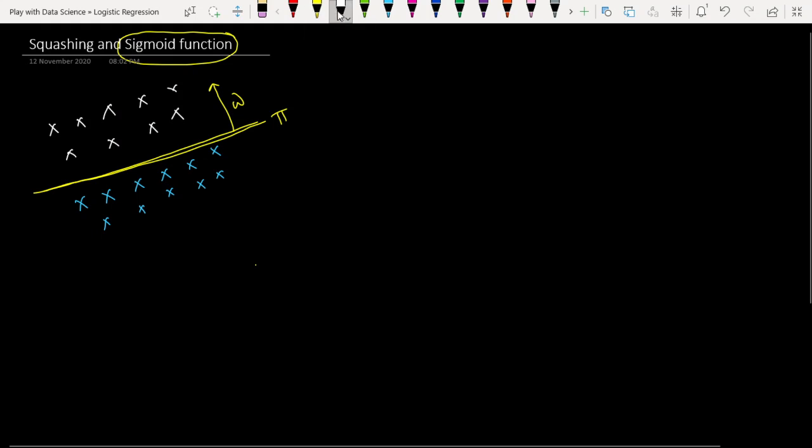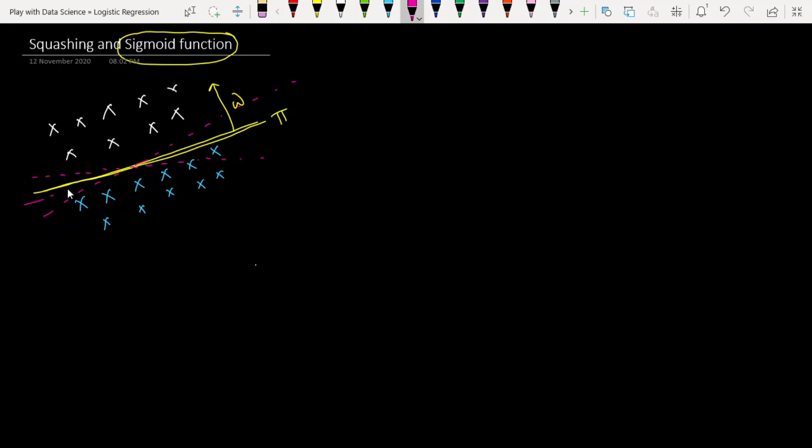There may be other planes like this, this also may be one plane, this may be one plane. So there are many planes, but we have to choose the best one among these.